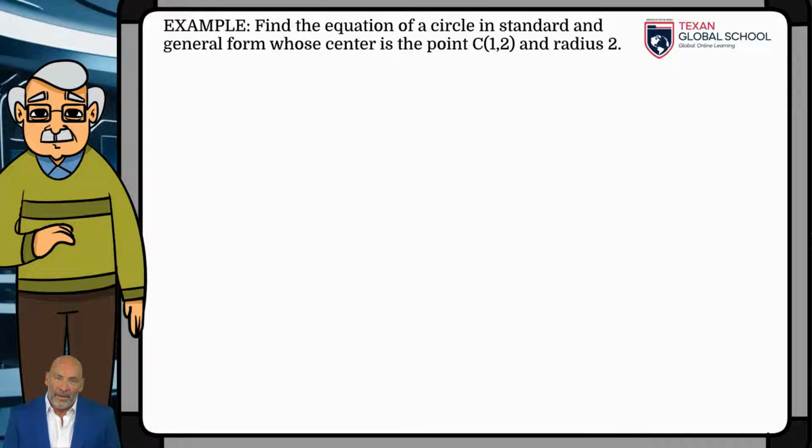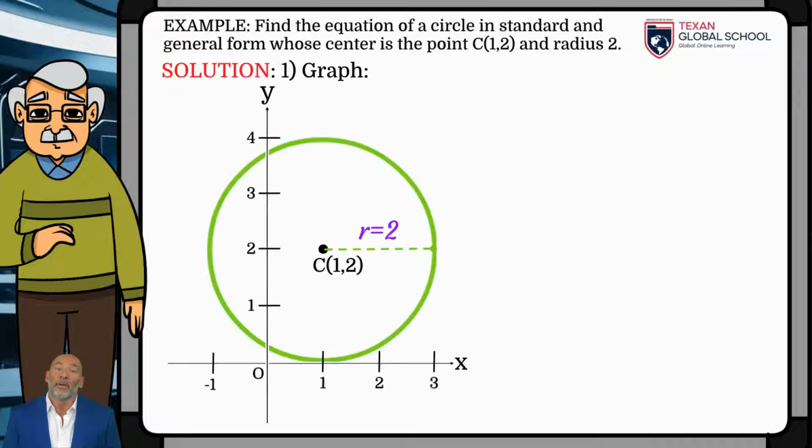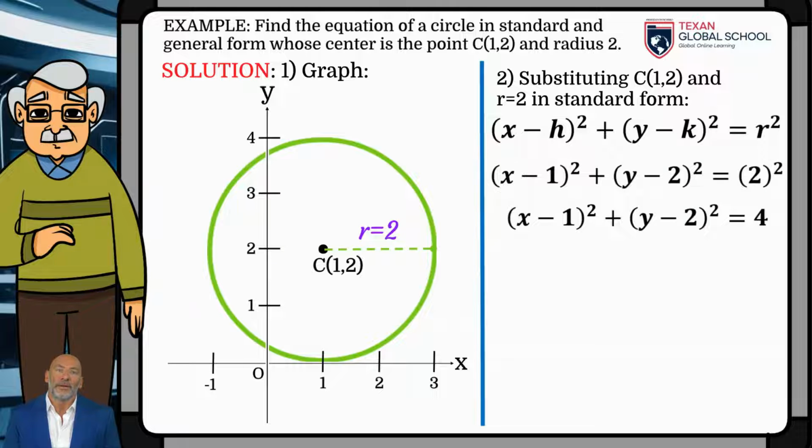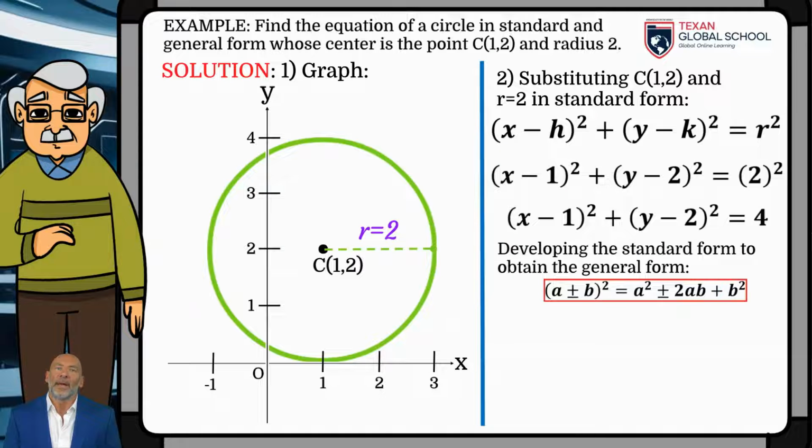We will use the previous example to find the general form. Find the equation of the circle in standard and general form, whose center is the point C, with coordinates 1, 2 and radius equal to 2. One way to obtain the general form is to first find the standard form as seen above. Substituting center and radius values in the standard form, results x minus 1 squared, plus y minus 2 squared equals 4.